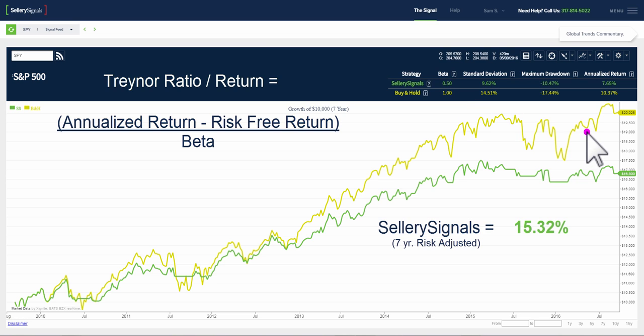Now, when you take that same equation, a risk-adjusted approach, to the buy and hold of the S&P, 10.37 divided by 1 is 10.37. So you can easily see that on a risk-adjusted basis, using the Treynor approach, we add tremendous value on a risk-adjusted return valuation, even in environments where we have dollar for dollar underperformance.